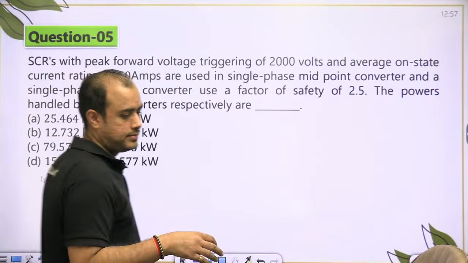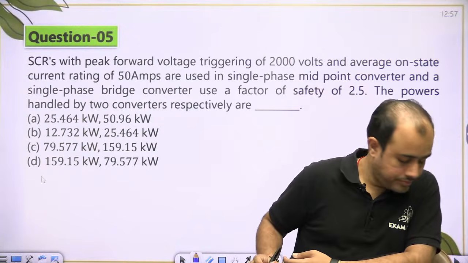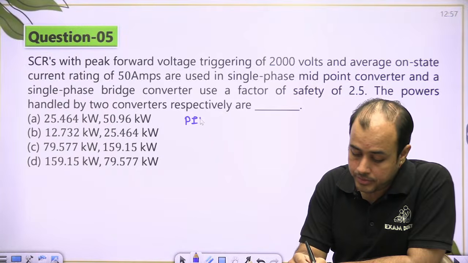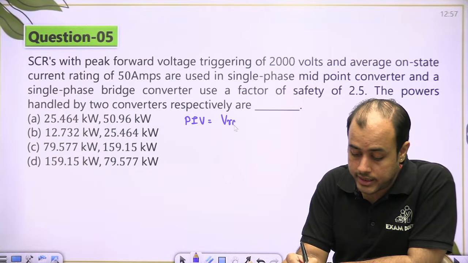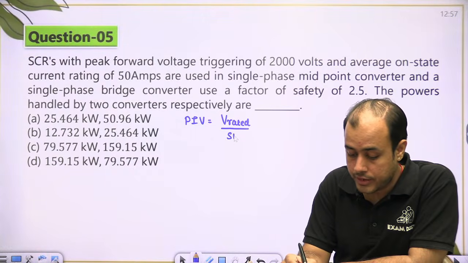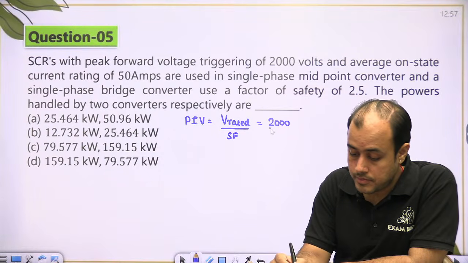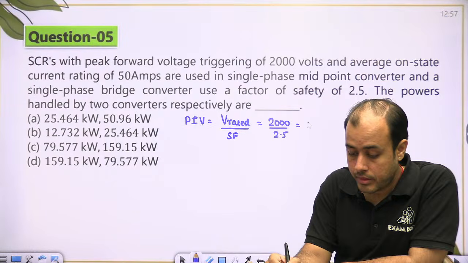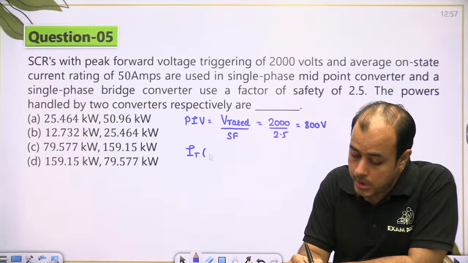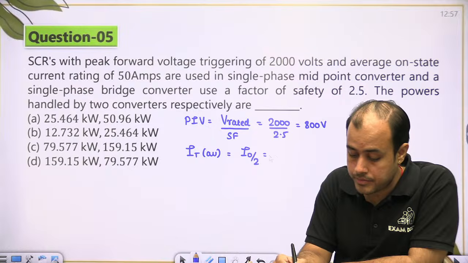आया भाई आंसर? देखो, PIV is voltage rating upon safety factor. Thyristor average for a full wave rectifier is I naught by 2.